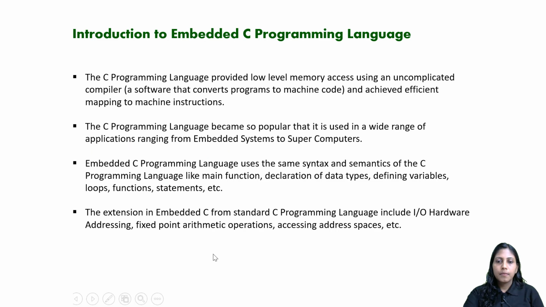Let's see why we are choosing embedded C. Most familiarly, whenever you hear the term embedded system, most people like to use the term embedded C, and nowadays of course embedded C++. Let's see why this language is so popular and why developers prefer to use the C language.